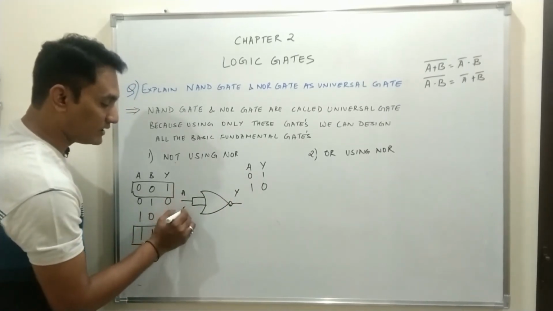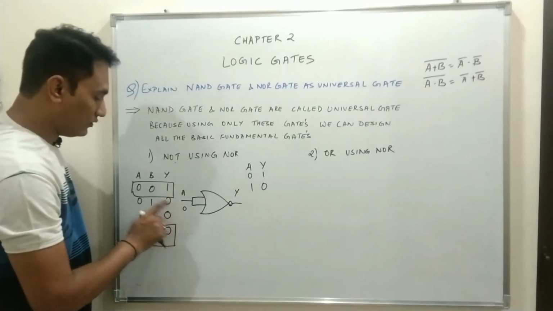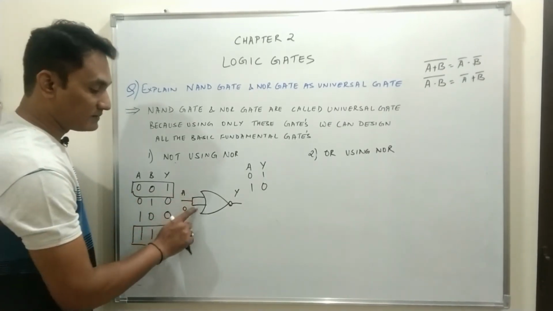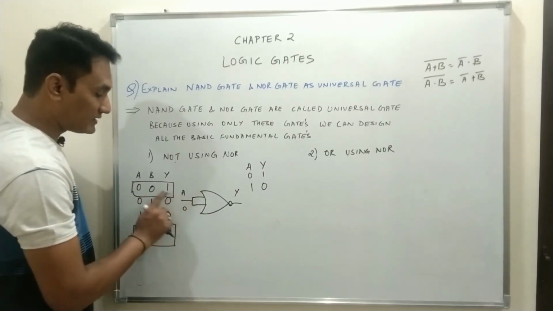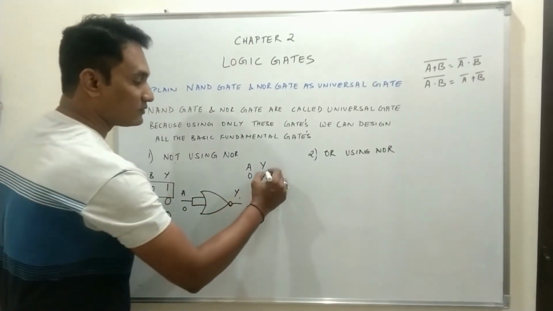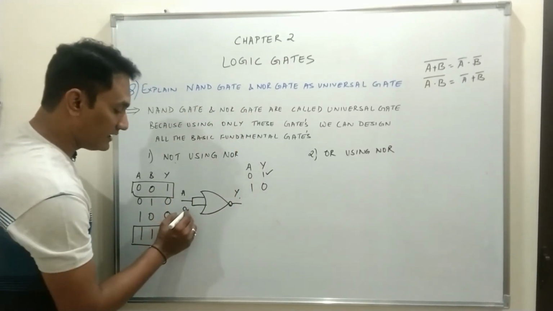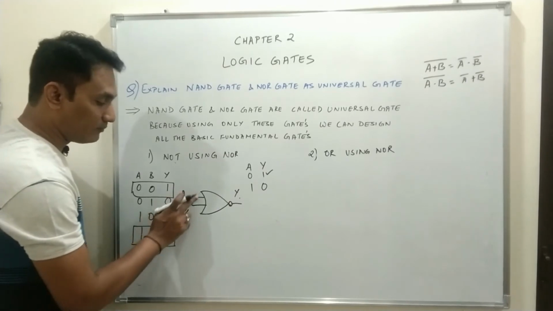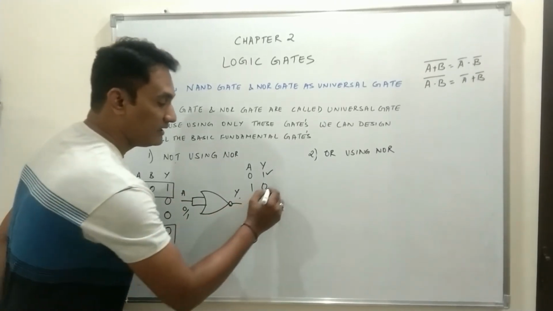Tell me what happens when A is 0. When A is 0, both the inputs become 0. And when both the inputs are 0, what is the output? The output is 1. So the first condition is satisfied. Similarly, when A is 1, both the inputs become 1, and the output Y will be 0.